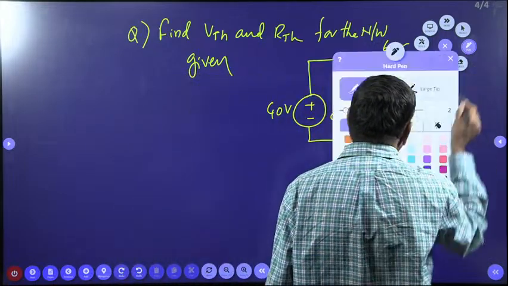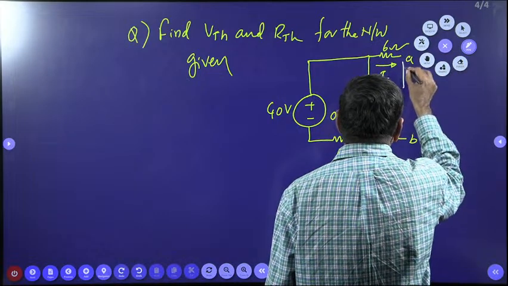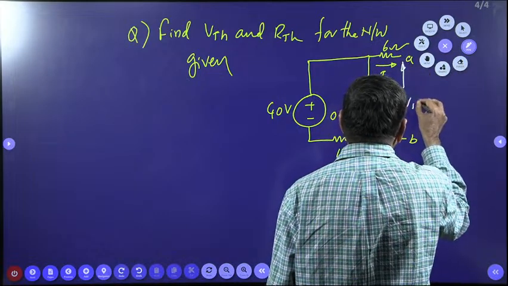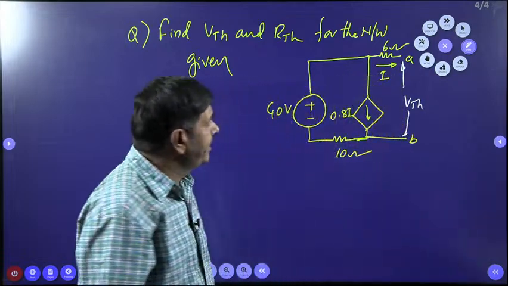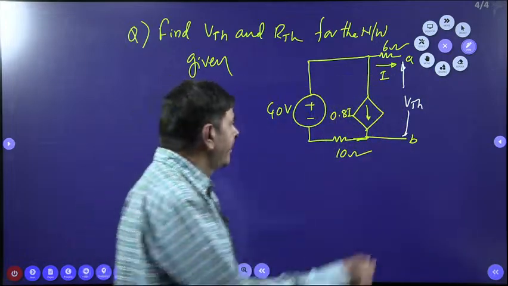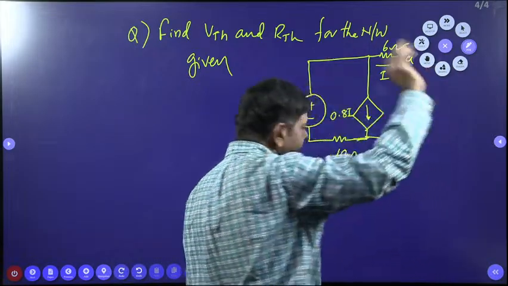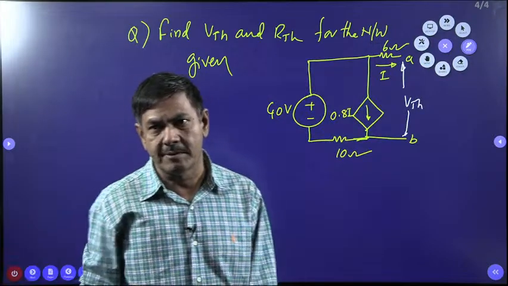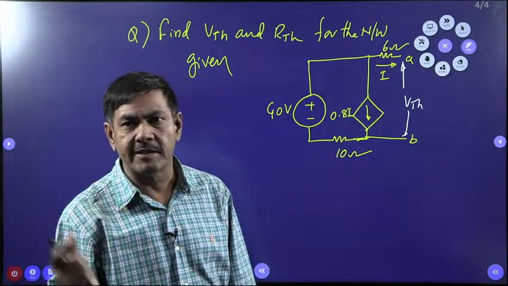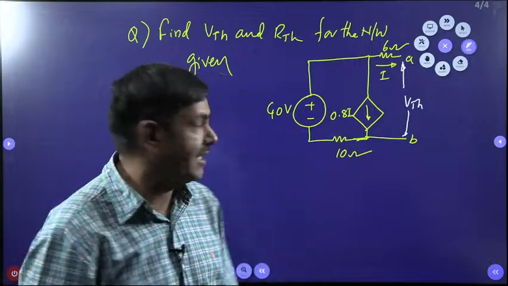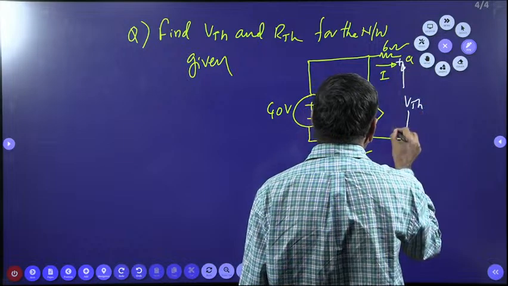How simple, you please watch. Between these two terminals, we can have VTH. VTH is calculated by different techniques. By selecting this path, any loop you can take. Any loop is acceptable. By selecting any one of the loops, you need to measure the VTH value. Yes, exactly correct. 40 volts, sir. Very good, excellent. So this is plus, this is minus, this is a current.